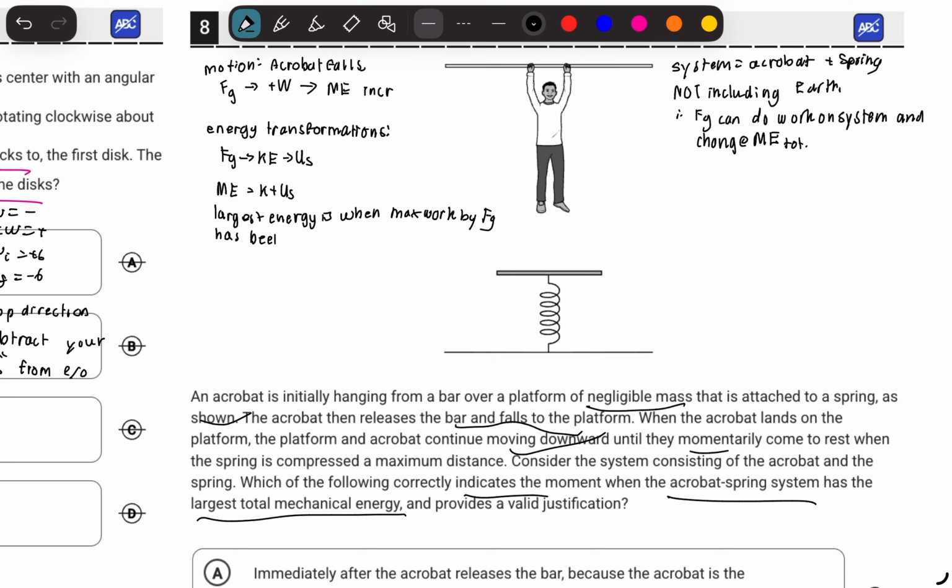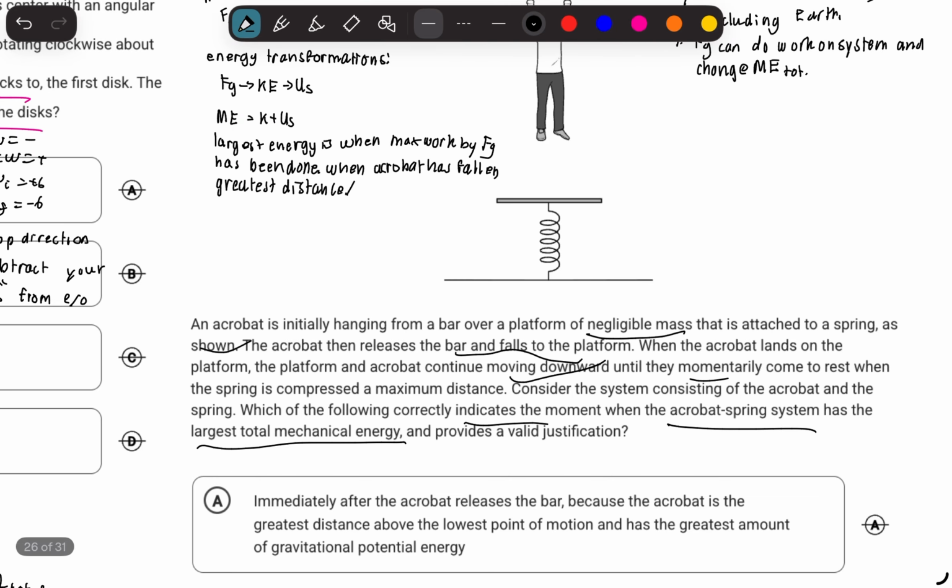When your acrobat has fallen the greatest distance, AKA when you are at max spring compression.